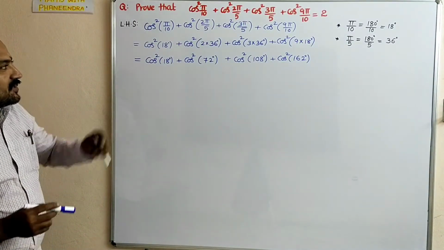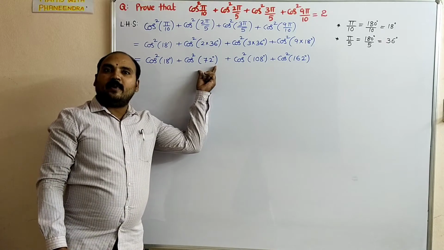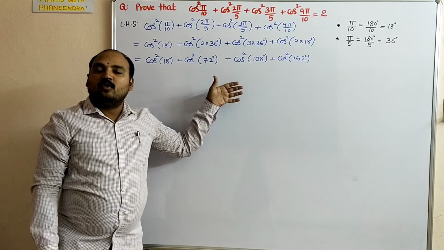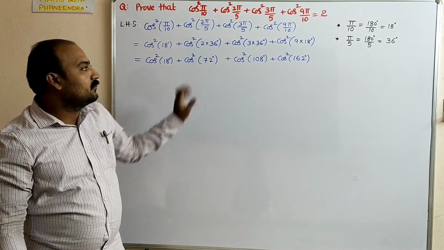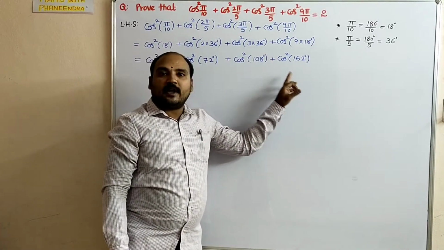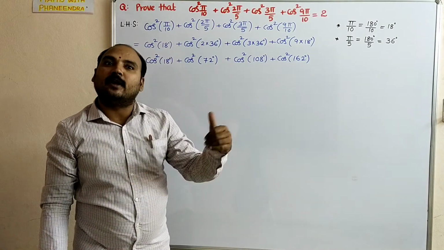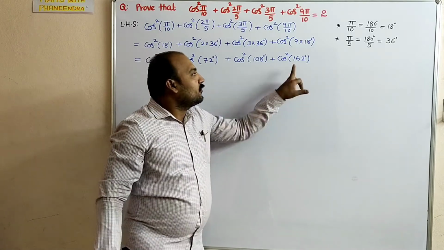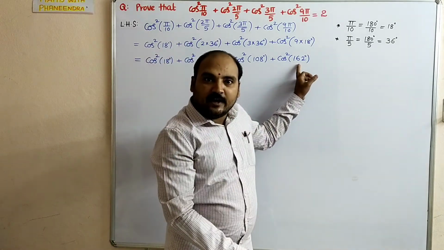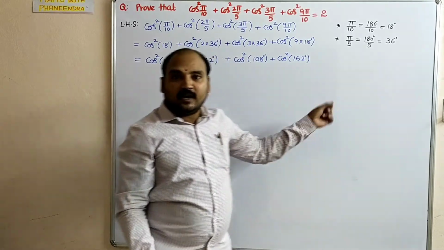After reaching this step, 72 is near the value 90, so we can write it as 90 minus 18. Similarly, 108 is also near 90, but it exceeds 90, so we can express it as 90 plus 18. 162 is near 180, so we can write it as 180 minus 18.